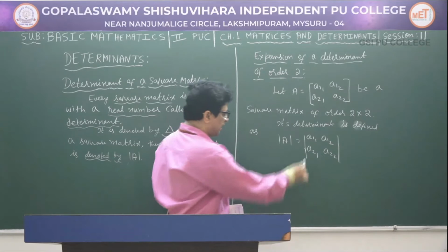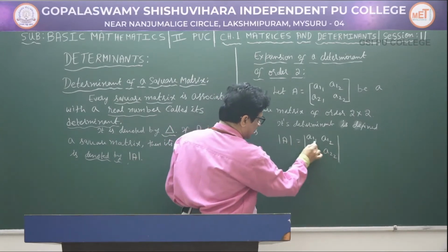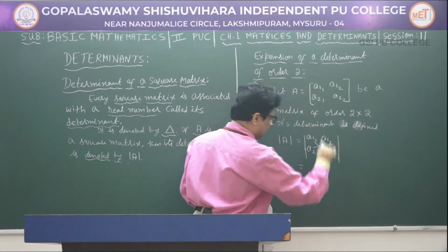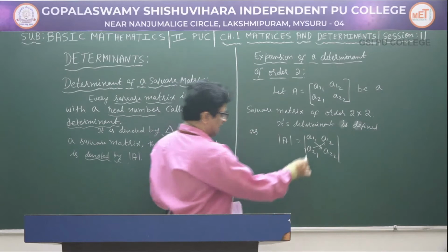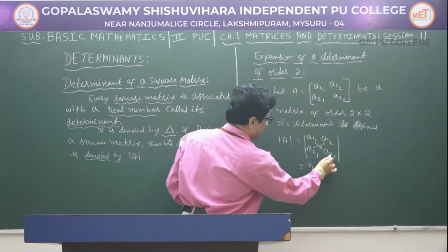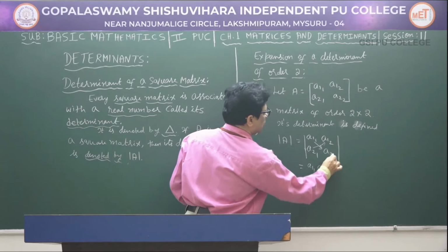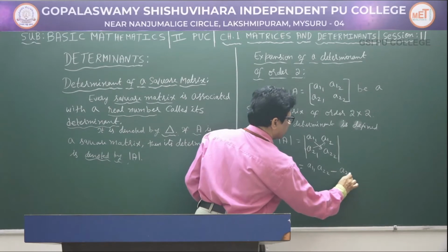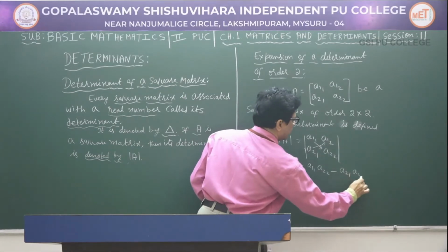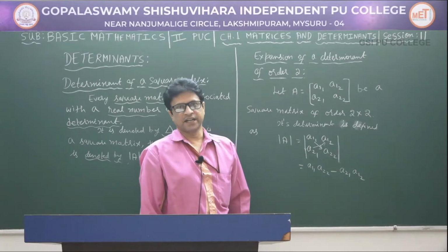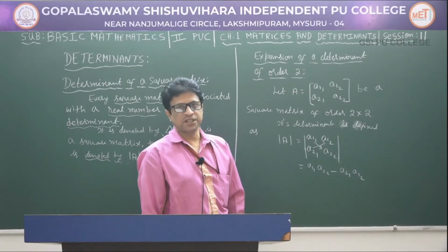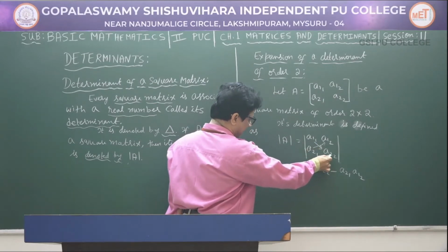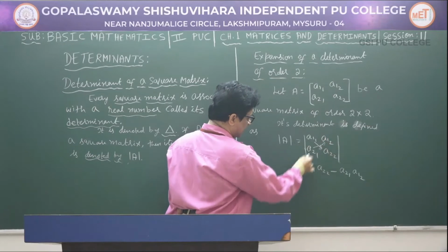The rule is the product of the principal diagonal elements minus the product of the other diagonal, that is A11 into A22 minus A21 into A12.